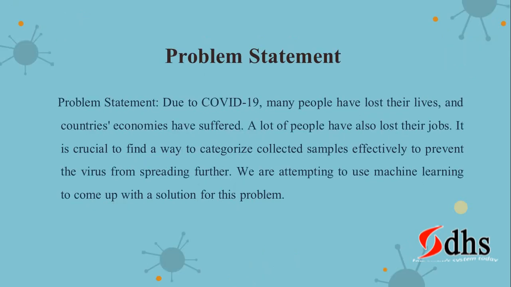Problem statement. Due to COVID-19, many people have lost their lives and countries' economies have suffered. A lot of people have also lost their jobs. It is crucial to find a way to categorize collected samples effectively to prevent the virus from spreading further. We are attempting to use machine learning to come up with a solution for this problem.